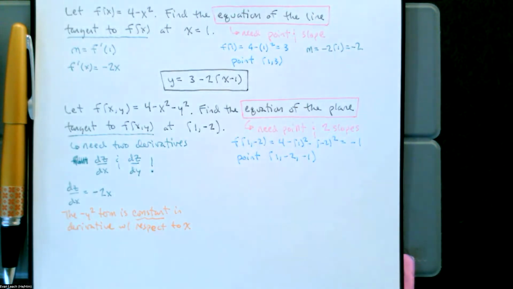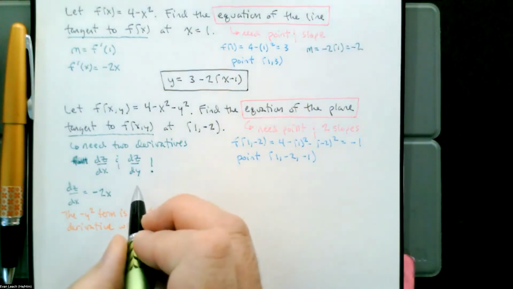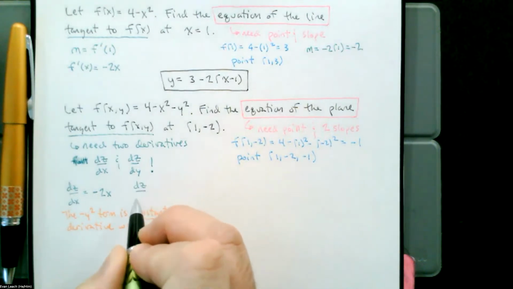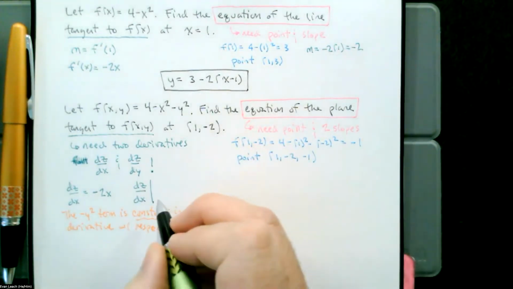We're looking at what happens when x is changing. I don't care about any y values. So our derivative with respect to x is just minus 2x. Now for a slope, I need the derivative at a particular point. So I need dz dx evaluated at the point 1, negative 2. And here we have the Leibniz notation.